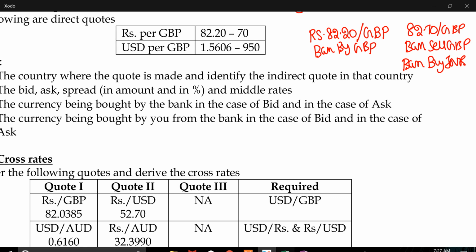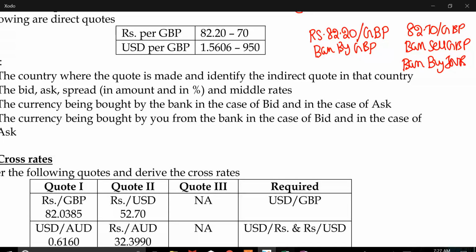Technically the bank buys one currency. So when you go to the market, you are buying apples and the shopkeeper is buying rupees from you by giving apples, and you are buying apples by giving rupees. So at 82.20 the bank is going to buy GBP. At 82.70 the bank is going to buy INR.